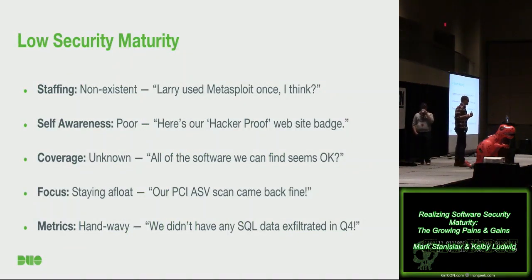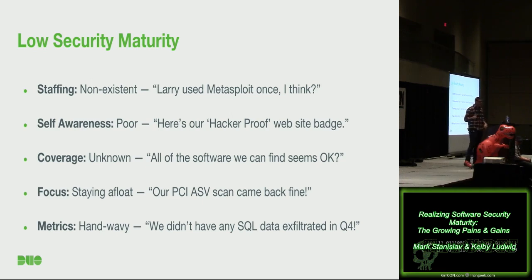So looking at some of the properties of early stage security programs, you may enumerate what a low security maturity program looks like. You might have a lack of dedicated software security expertise on staff. However, you may have an overinflated perspective of what your actual security posture is.